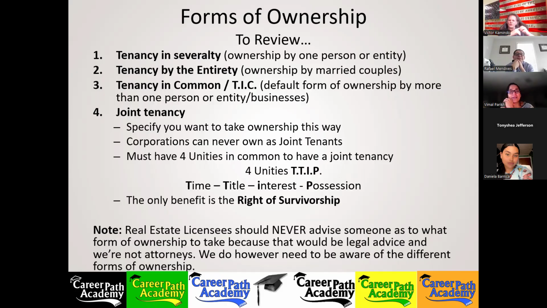That's how you own it with your husband. Okay, now that's a very practical example. You and your husband own it by the entirety, so you have the right of survivorship, right? So if one of you should pass away, the other one automatically gets it. I see. Okay.